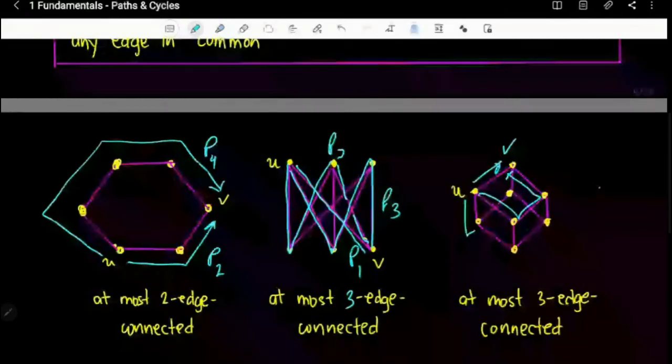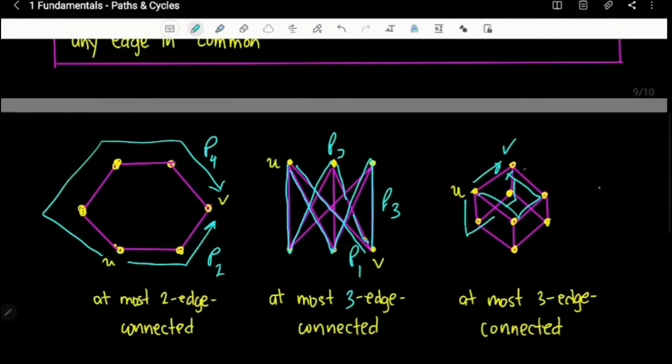Tapos dun sa ilalim, dun sa gilid. That's another path. So, I cannot have any other path kasi lahat ng edges going out from U, nagamit ko na. So, I cannot have any more than 3 paths that I can take from U to V.